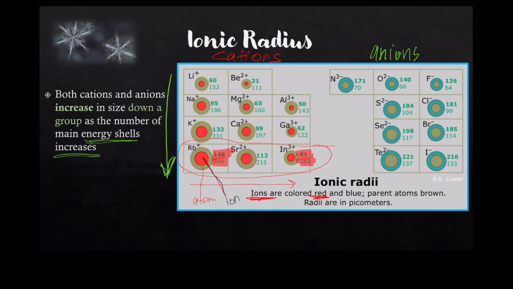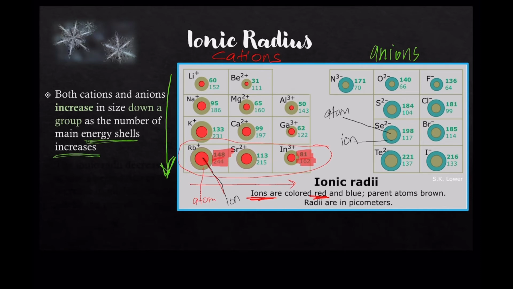Let's see if that holds true for the nonmetals. For the anions, the blue outline shown here is the ion, the selenium -2 ion. The brown circle in the middle represents the radius of the neutral atom.